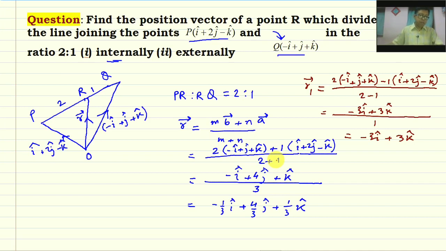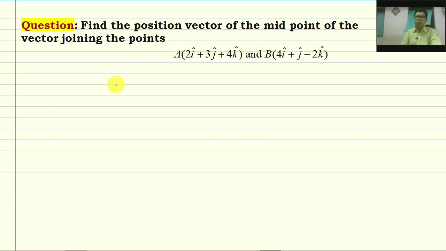The question says: find the position vector of the midpoint of the vector joining the points A and B. The position vectors are given. So what to find actually is the midpoint. First of all, you see what we actually got: the R vector is equal to (m·B vector + n·A vector) upon (m + n). Earlier we learned this one.